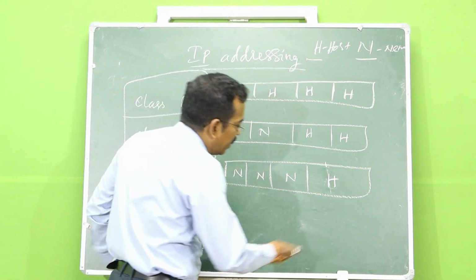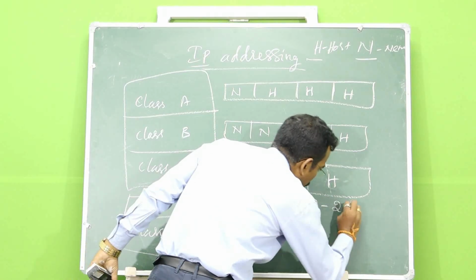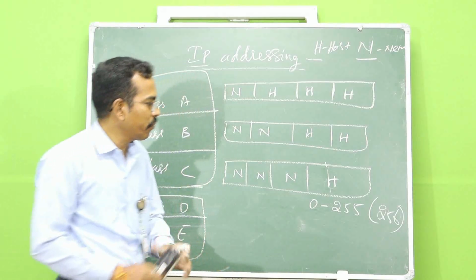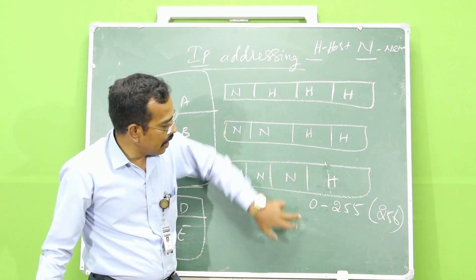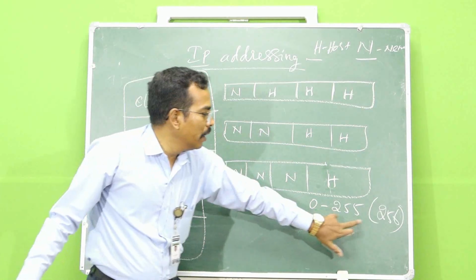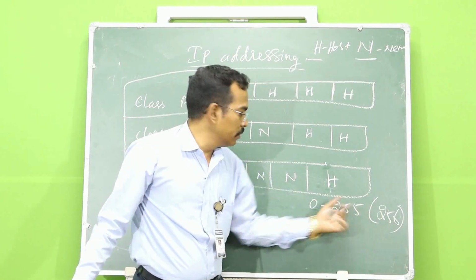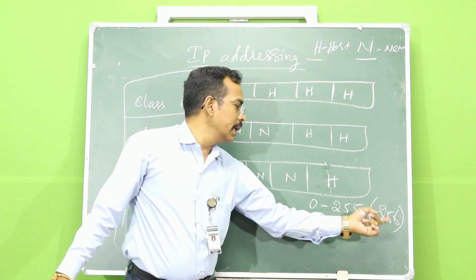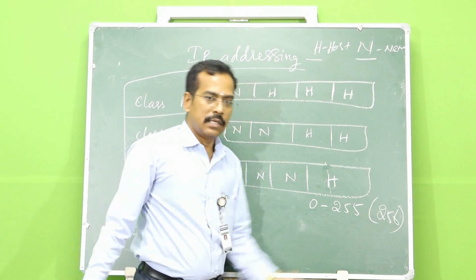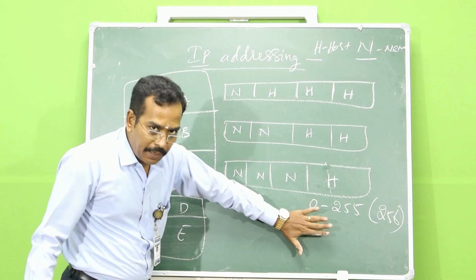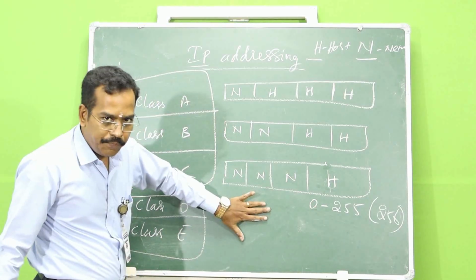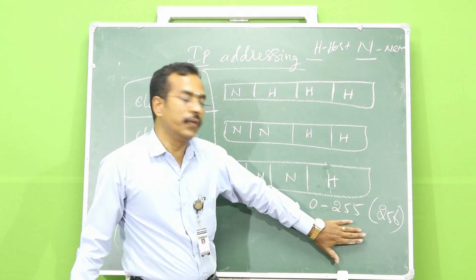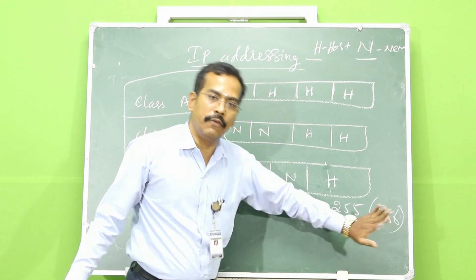With an 8-bit, the maximum is 0 to 255, so I will get 256 addresses. So in class C, I can have only 0 to 255, which means 256 addresses can be given.